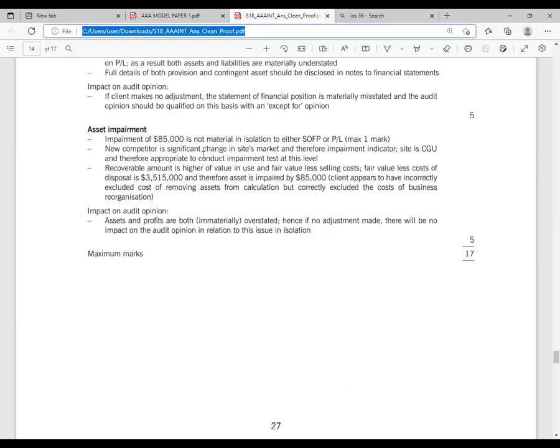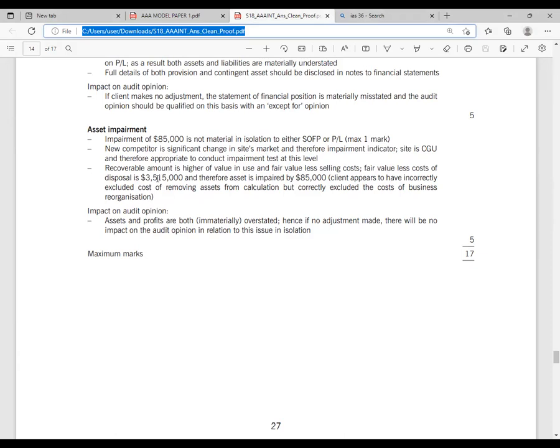New competitor is significant change in site's market and therefore impairment indicator. Site is a cash generating unit and therefore appropriate to conduct impairment tests at this level. Recoverable amount is a higher of value in use and fair value less selling cost. So fair value less cost of disposal is 35.15.